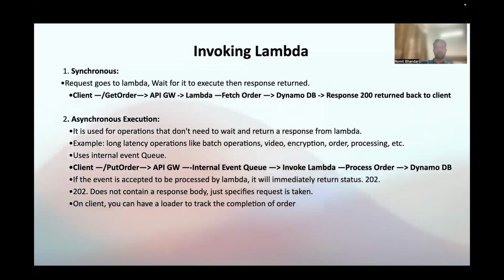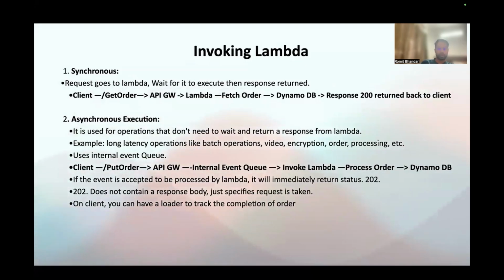Let's look at how you can invoke Lambda. There are two ways in which you can invoke Lambda. One is the synchronous way. The request goes to Lambda, waits for it to execute, then the response is returned.